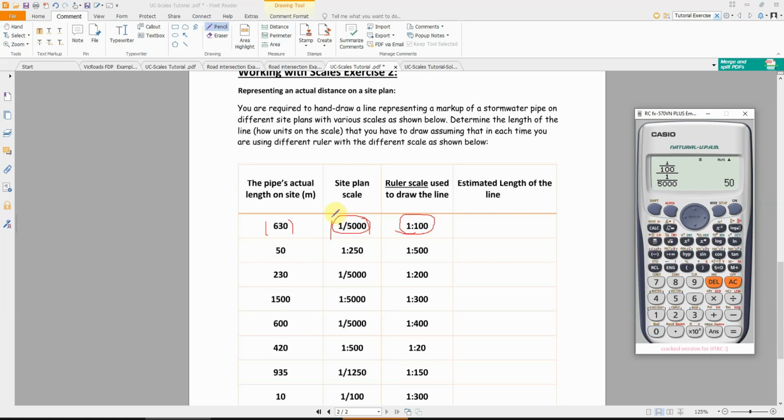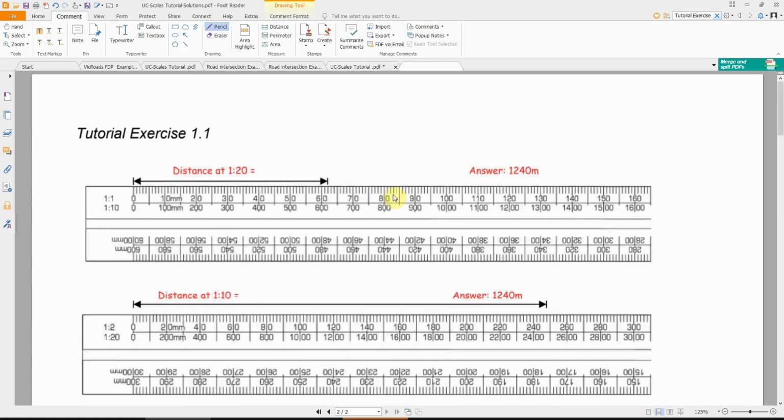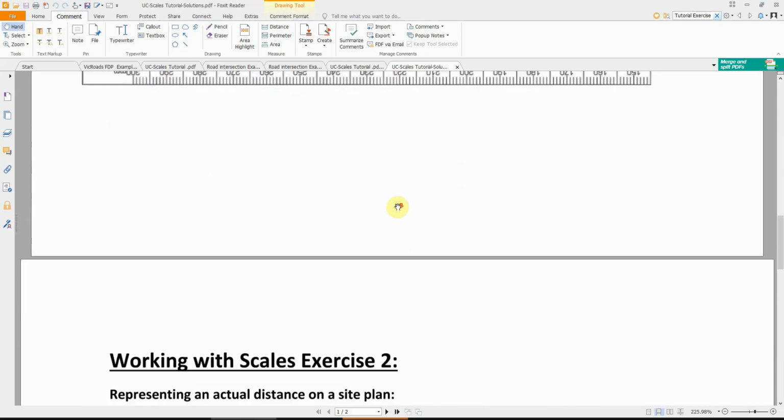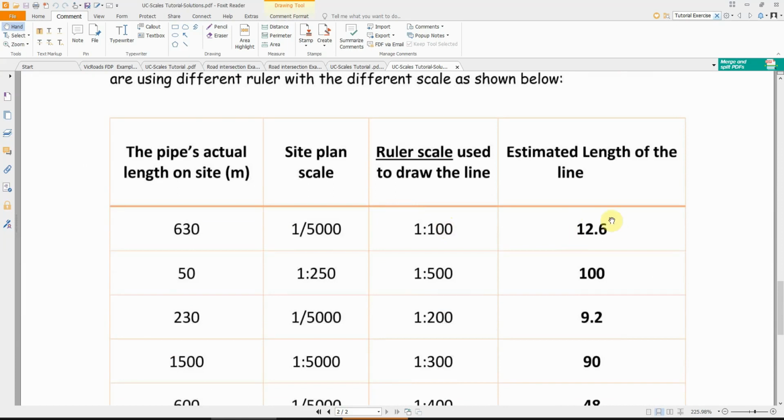That's 50, and my measurement on the drawing would be smaller, so I have to divide by that. So 630 divided by 50, and that will give us our answer, which is 12.6. Again, you've got the answers for those two, and that's the first one, 12.6 meters. Okay, sorry, that's 12.6 units.